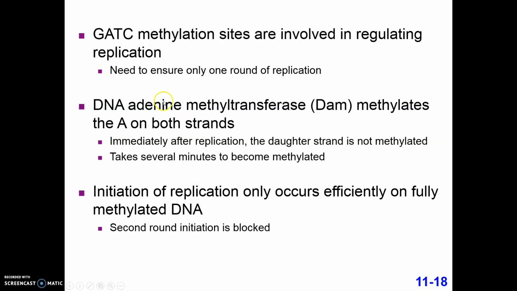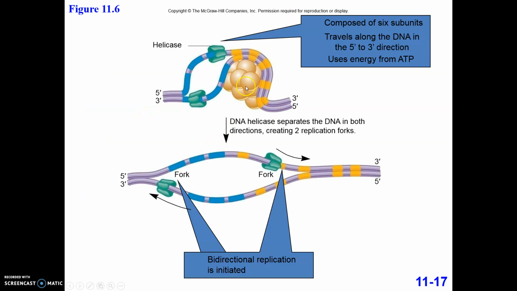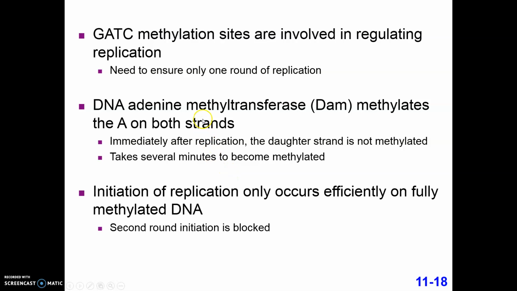When you initiate the replication and go through this process and start producing daughter DNA, the daughter DNA is not methylated. It takes a while for this methylase to come in and start methylating the daughter strands. So it takes several minutes to even get started.